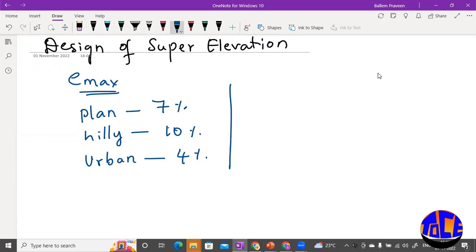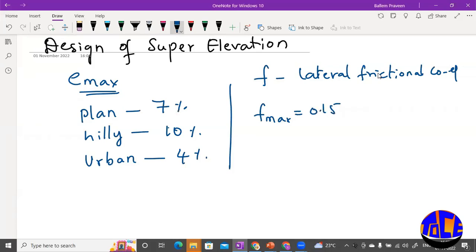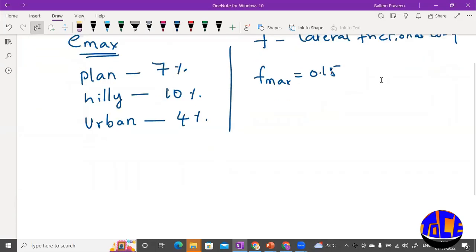And coming to the lateral friction, F, that is the lateral frictional coefficient, the maximum value is 0.15. Remember these values.